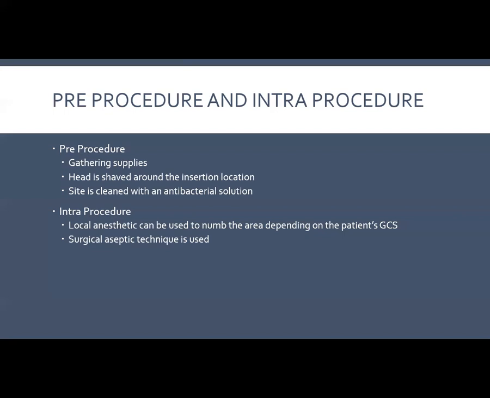So it really is provider specific. Intra-procedure, local anesthetic can be used to numb the area depending on the patient's GCS. Surgical aseptic technique is used. So a lot of times we will put the patient under depending on the patient's GCS. If their GCS is like an 8 or below and they're already in a comatose state, they may just go ahead and put it in. Sometimes they'll go ahead and intubate. It really depends on what's happening.